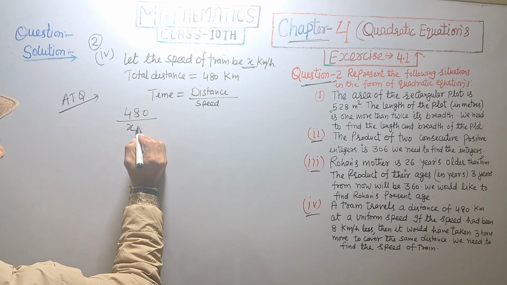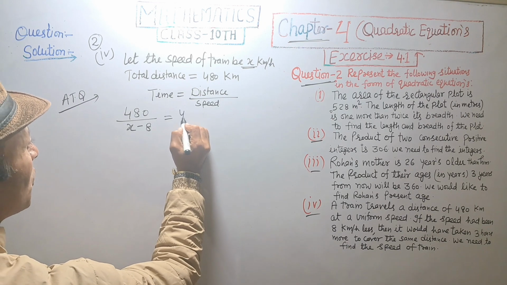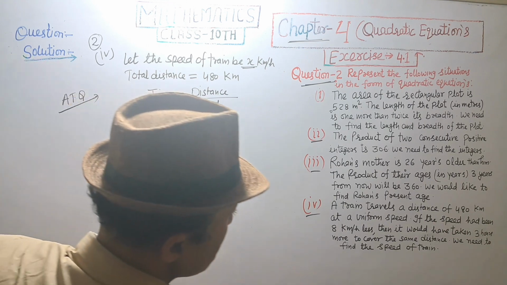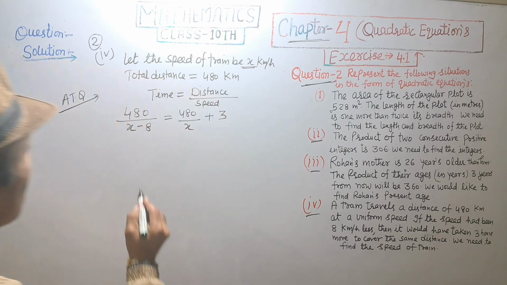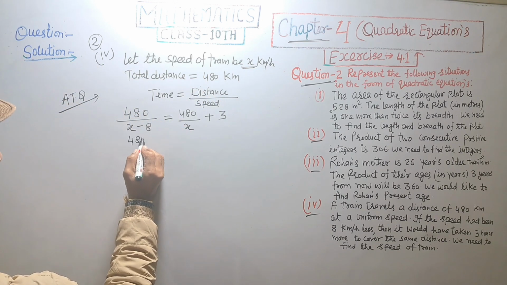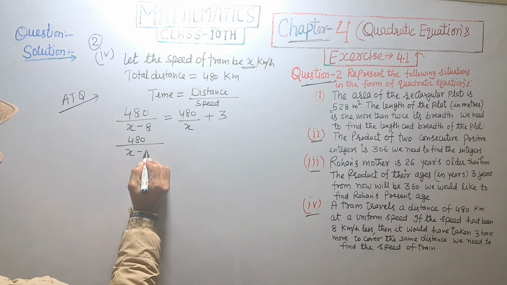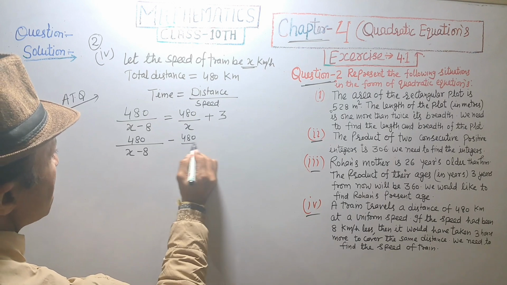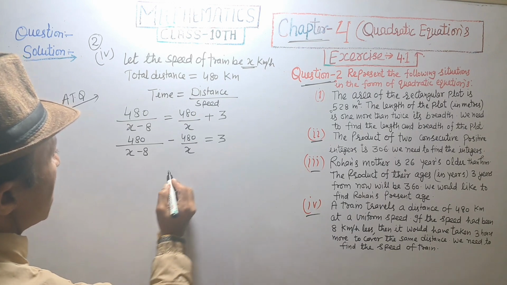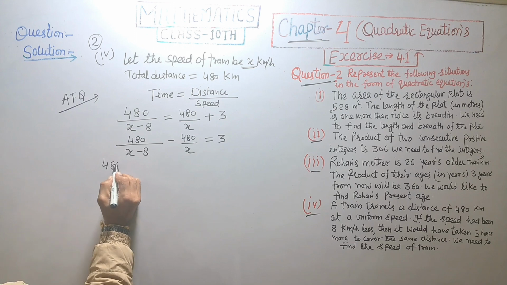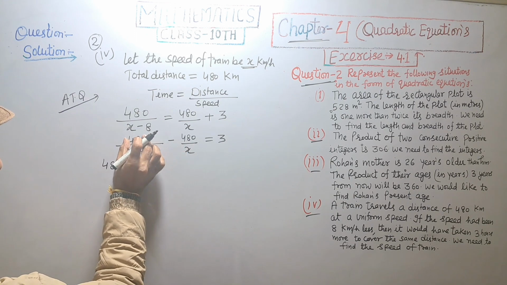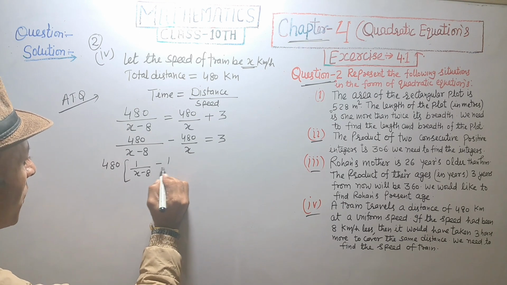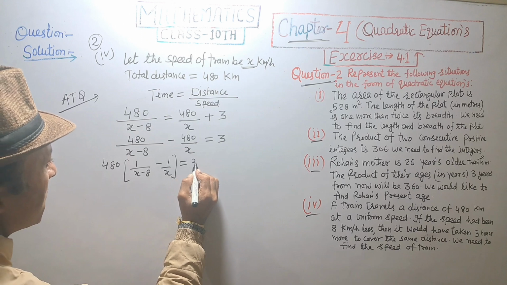480 upon x minus 8 is equal to 480 upon x plus 3 hours. Shifting 480 upon x to the left side, 480 upon x minus 8 minus 480 upon x is equal to 3. 480 is common, so 1 upon x minus 8 minus 1 upon x is equal to 3.